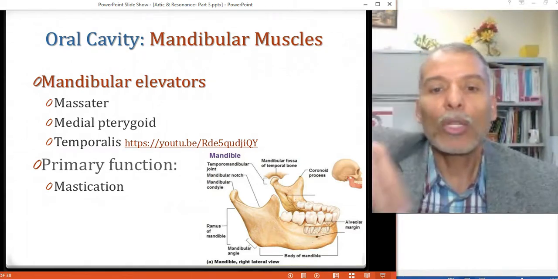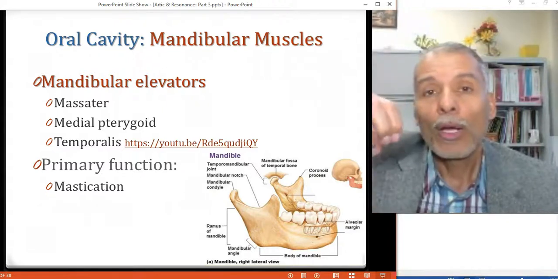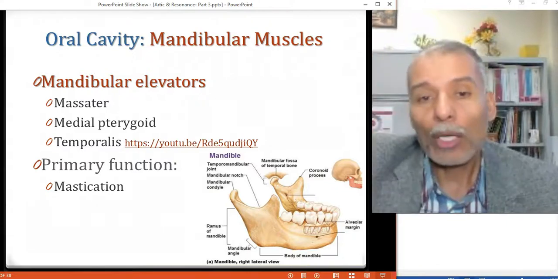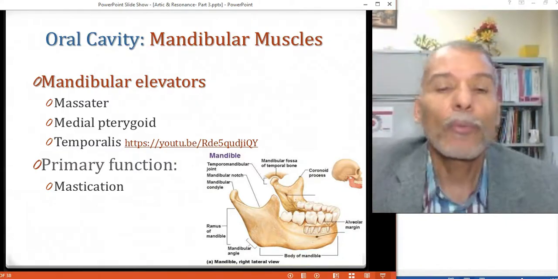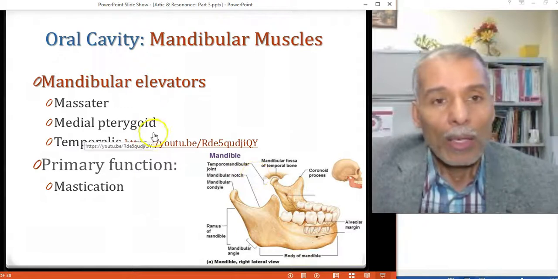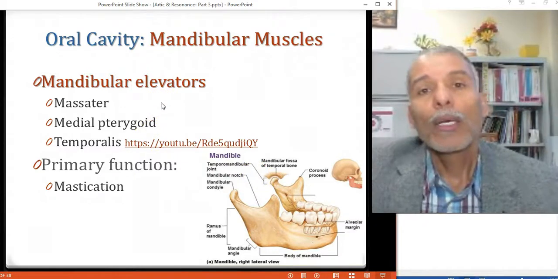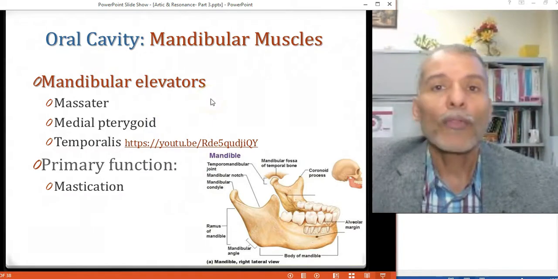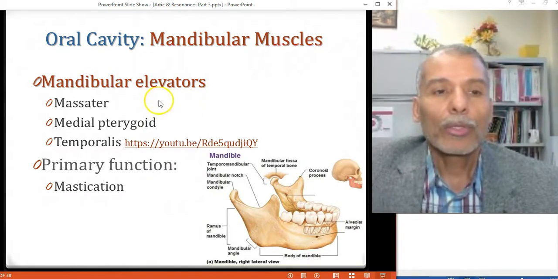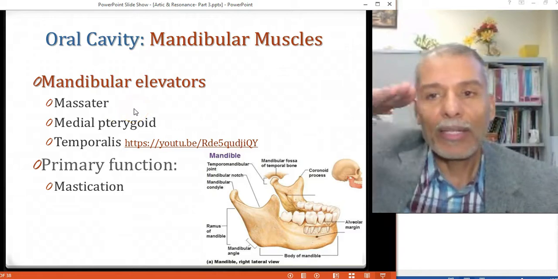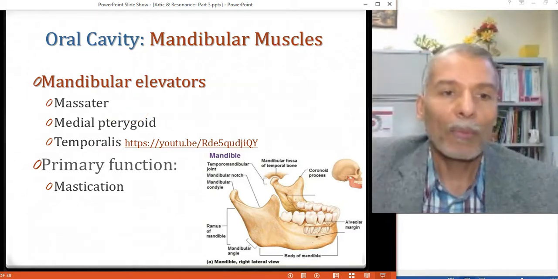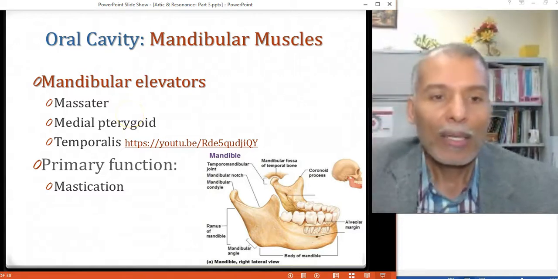And then the muscles will move the bones like the mandible, or cartilage, whatever it is. So what muscles act on the mandible to enable it to perform its function? We have muscles that elevate it and muscles that depress it.